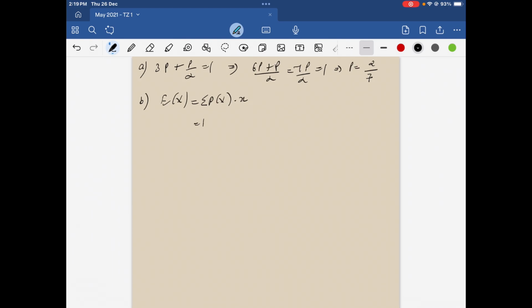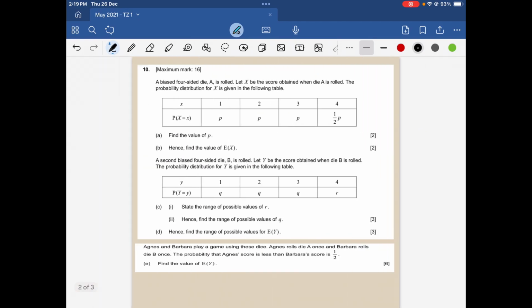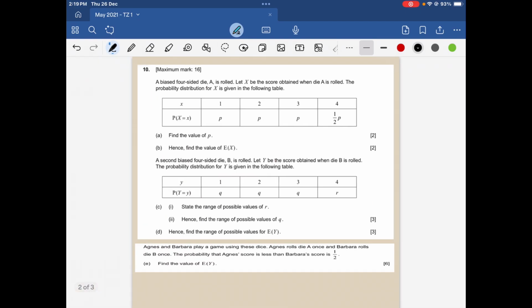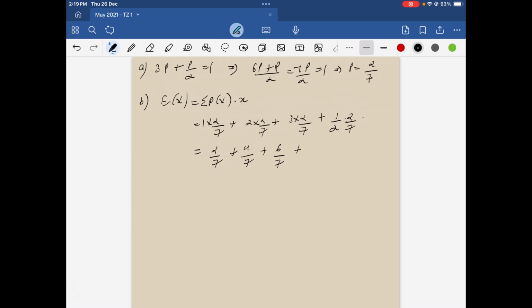So then this will give me 1 into 2 by 7 plus 2 into 2 by 7 plus 3 into 2 by 7 plus the last term, and this will give me 2 by 7 plus 4 by 7 plus 6 by 7 plus... sorry, the last one was not 1 by 2, that is the probability.